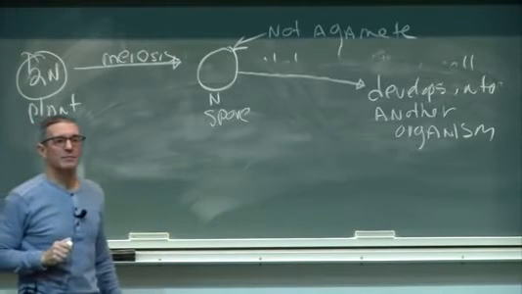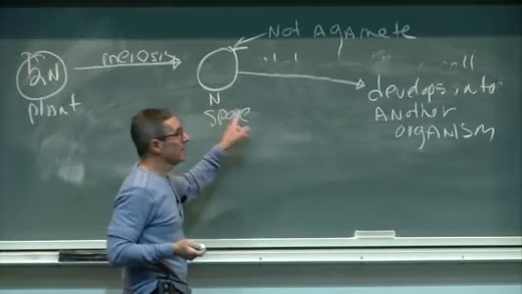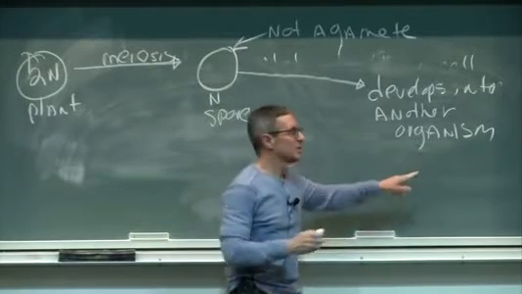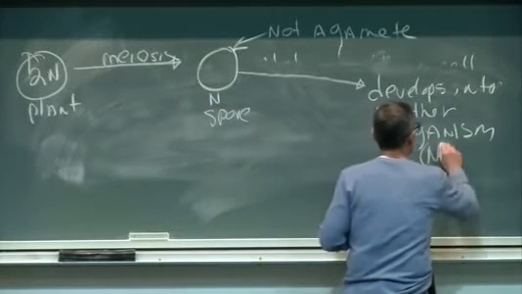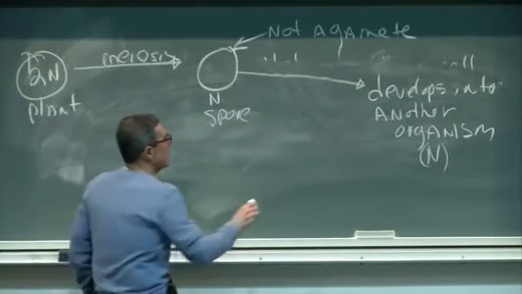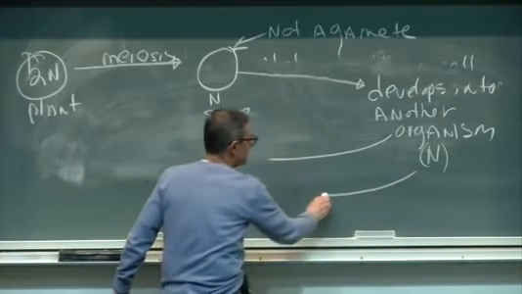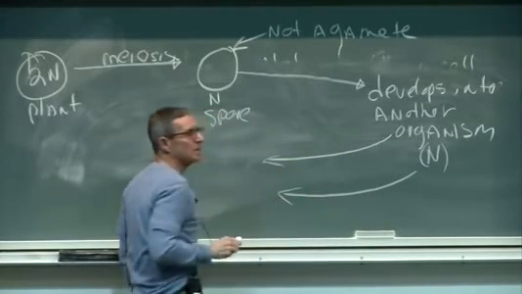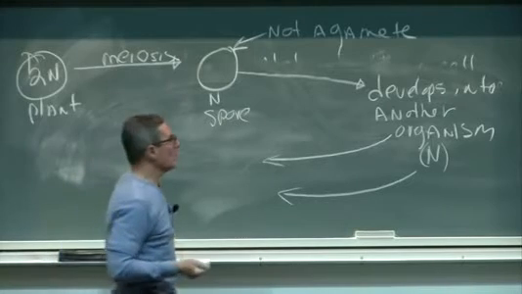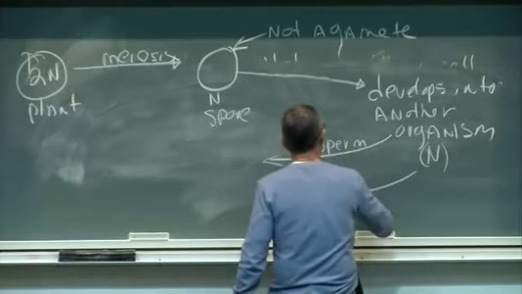And this spore develops into another organism. Because the spore is N, this new organism is also N. So you have an N individual produced. Now, let's just say for the sake of our discussion, that this other organism now produces sperm and egg.